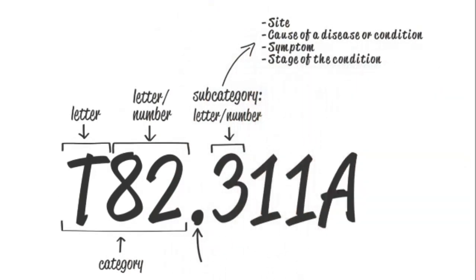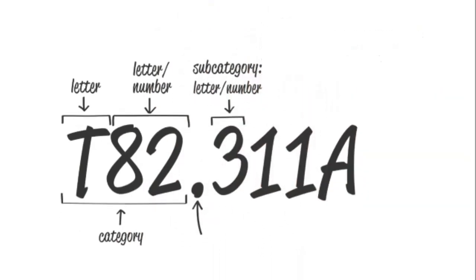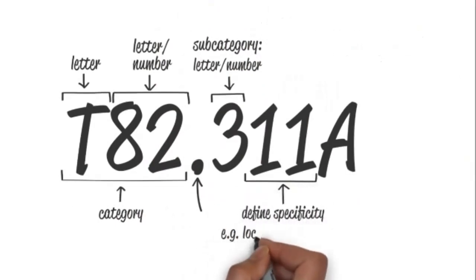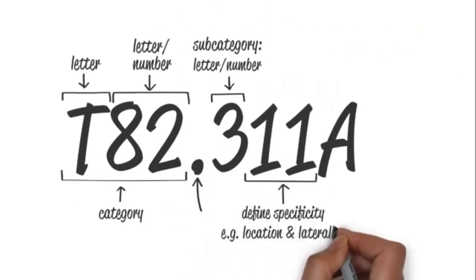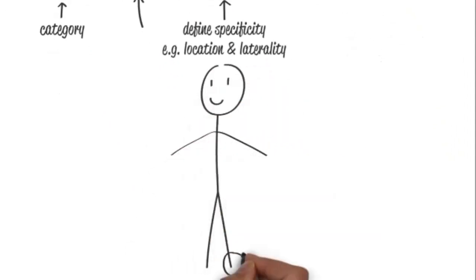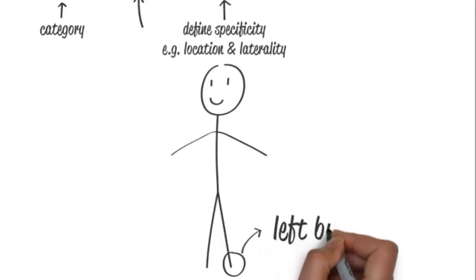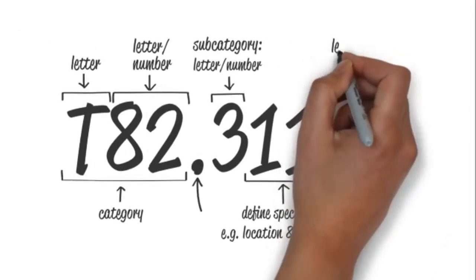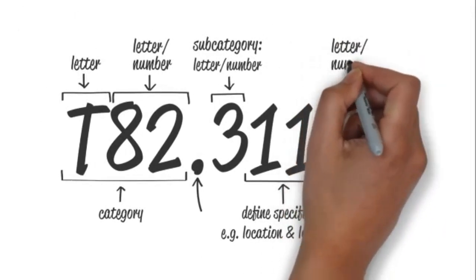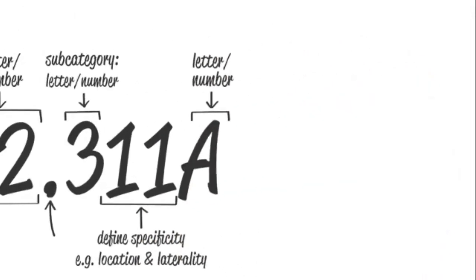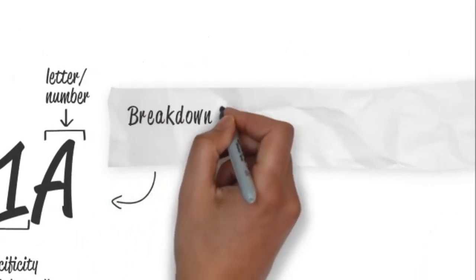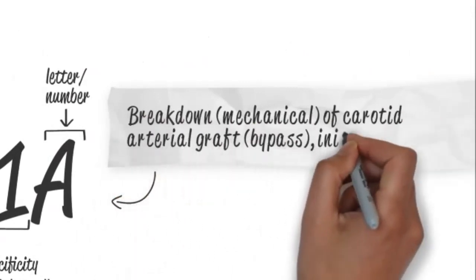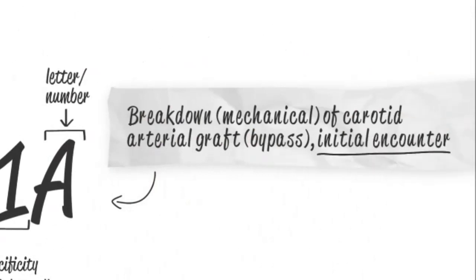The fifth and sixth character further defines specificity, such as location and laterality. Big word, but it just means what side of the body, left or right, as in big left toe. Some categories have a 7th character extender, which can be a letter or a number and changes the entire meaning of the description. For example, the 7th character could stand for initial or subsequent encounter.